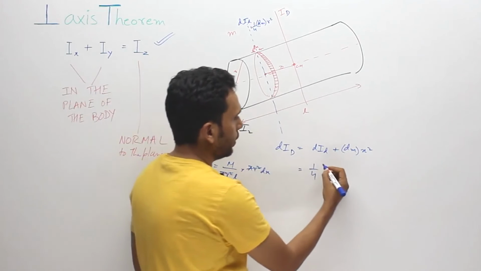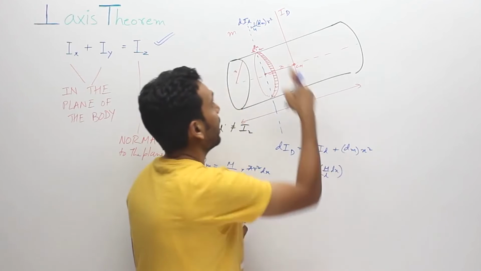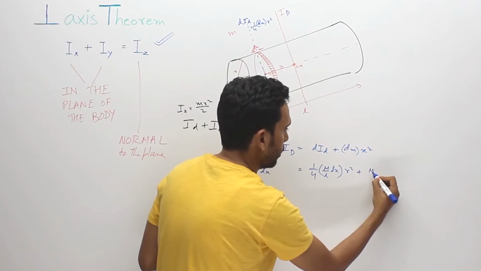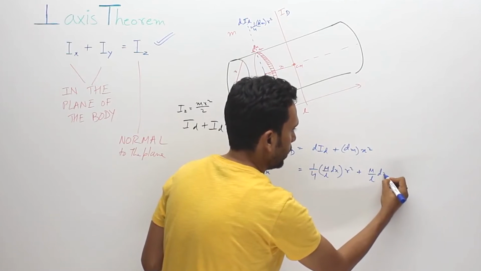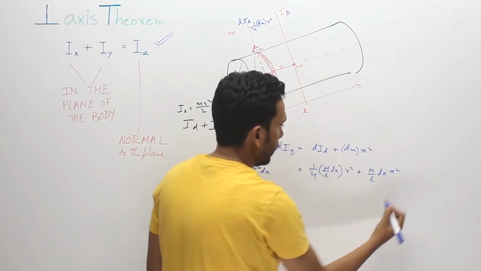So that's your dm. M by L into dx is your dm times r square by 4, plus again your elementary mass, which is m by L into dx times the distance square, which is your x square.